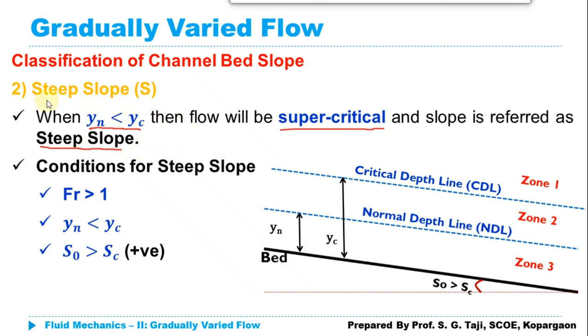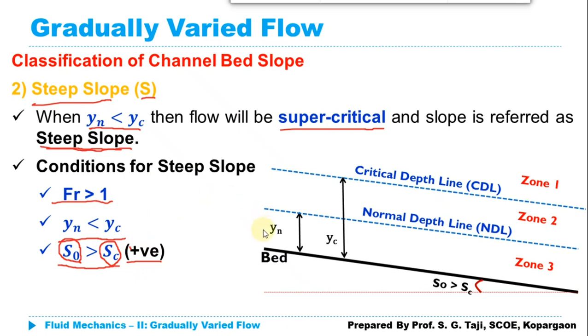What are the conditions for the steep slope, which is denoted by the capital letter S? Froude number should be greater than 1, yn should be less than yc, and our slope should be greater than the critical slope. Whatever slope is required for the development of critical flow, if the slope of the channel bed is greater than the critical slope, then it is known as a steep slope, and again it is a positive slope.